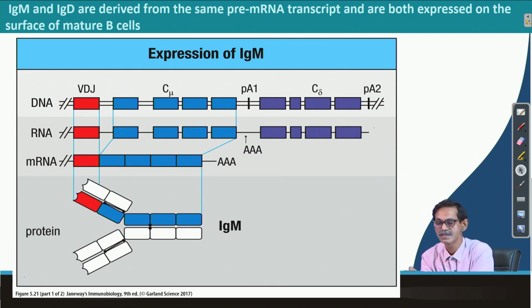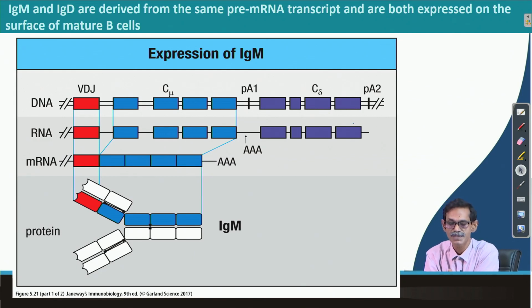One precursor RNA has both C mu and C delta as well as VDJ. There are so many introns and exons, but to make my life easy, say VDJ is 1, C mu is 2 and C delta is 3.